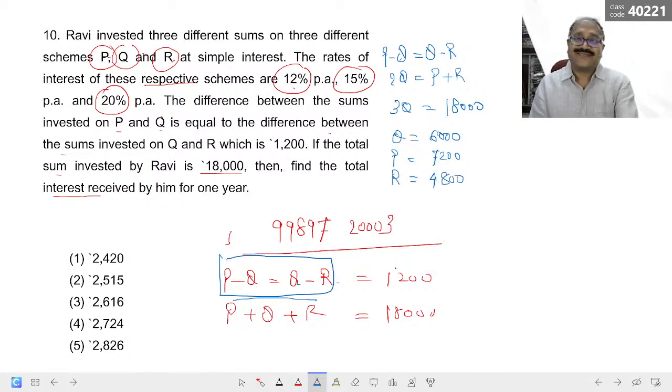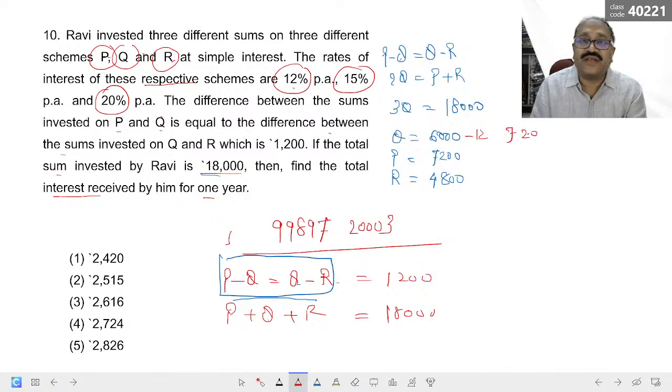Got it? So we have found out of 18,000 what P, Q and R are. And what else we know here is the rate of interest, 12%. I need to find out the interest. If the total investment of Ravi is 18,000, then find the total interest received by him in 1 year. So here he will get 12%, and that is 720.